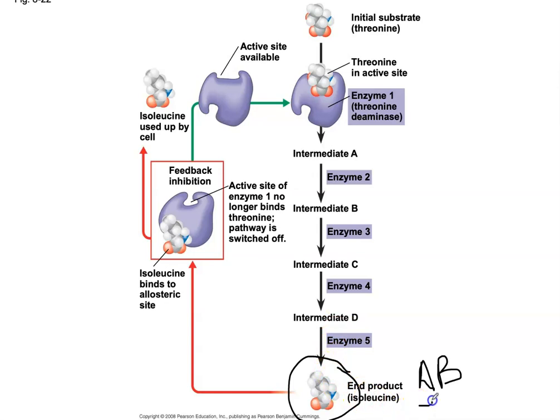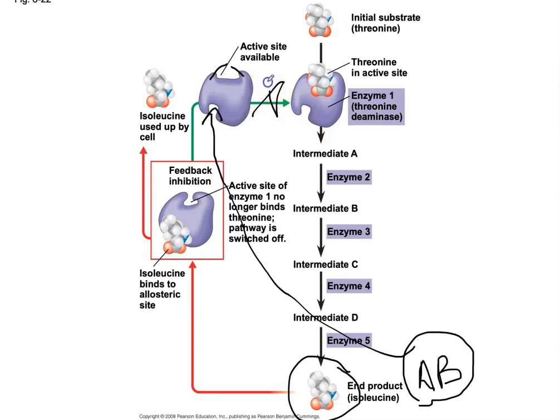As the concentration of AB increases in the system, this AB will go ahead and bind to the allosteric site and change the conformation of the active site. And once it changes the conformation of the active site, this production loop is stopped. There's nothing more happening.